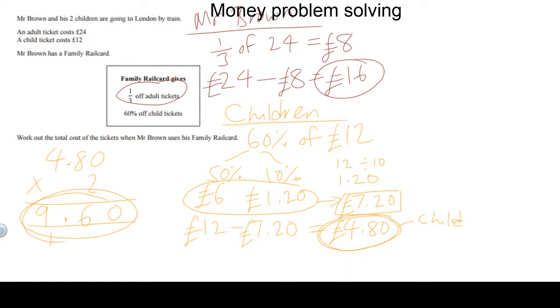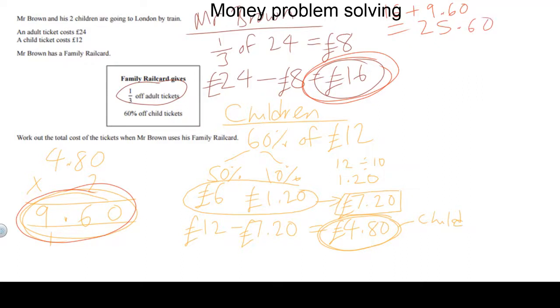Total price now, total cost, you're doing this £16 plus £9.60. 16 and 9 is, what's that? £25.60 is the total cost. That's the final answer there.